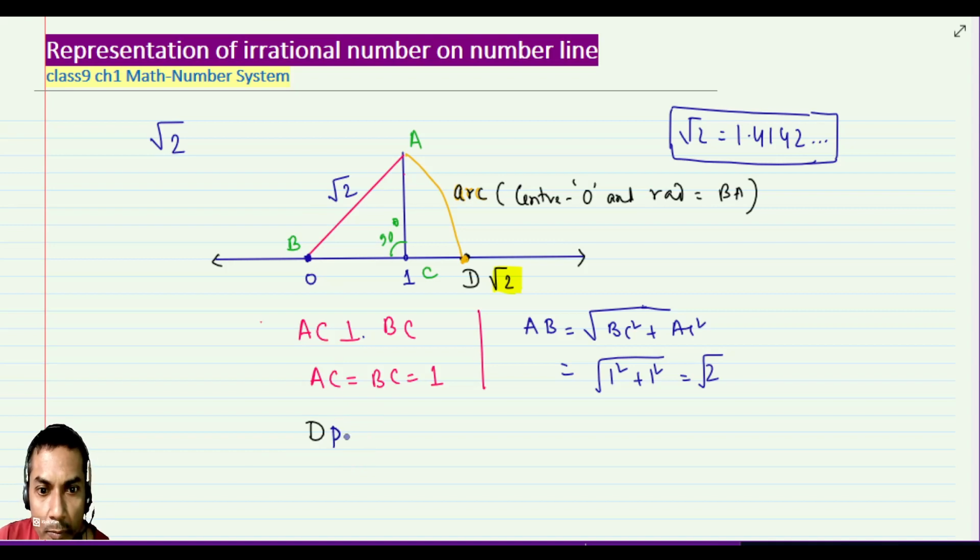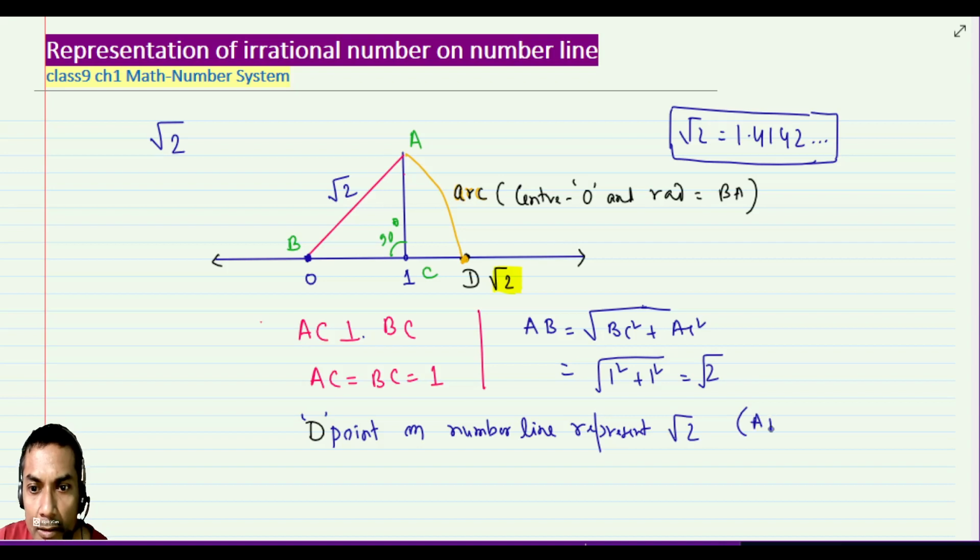D point on the number line, root 2 is the answer. Clear? Okay.